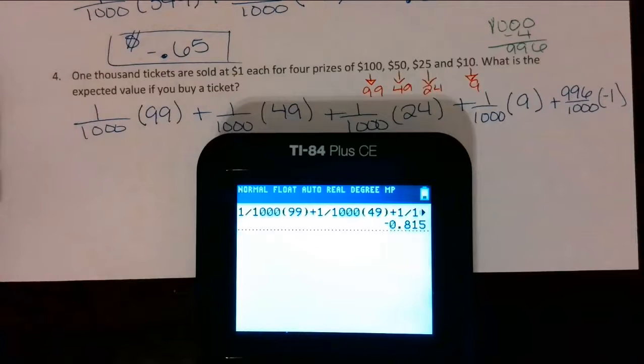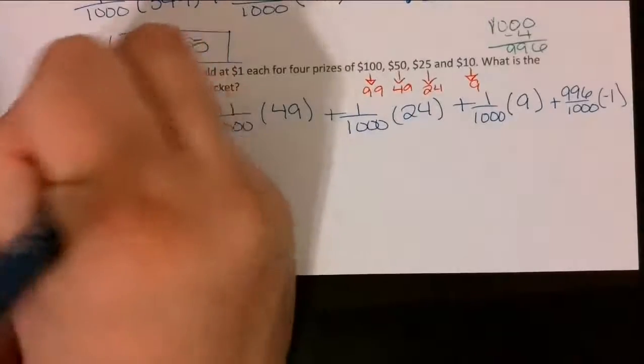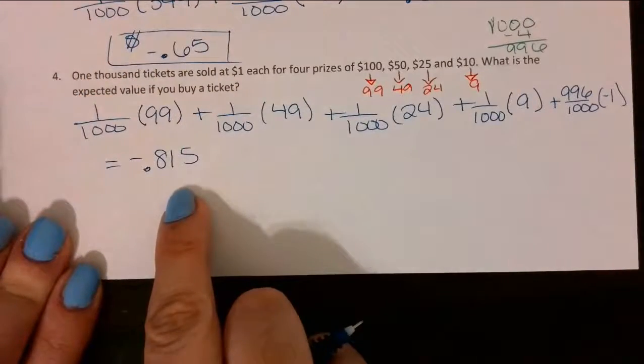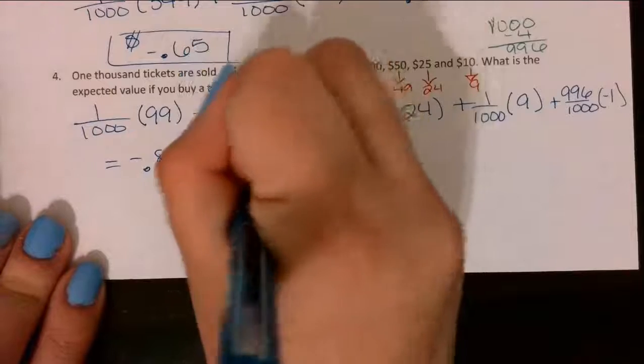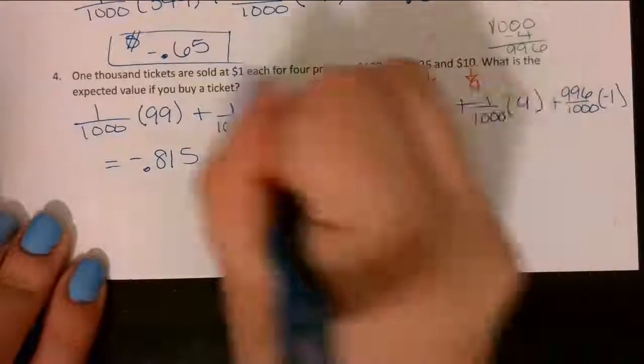And this one gives me negative 0.815. So my expected value here, since we're talking about money, goes to 2 decimal places, is really negative 82 cents that I will lose.